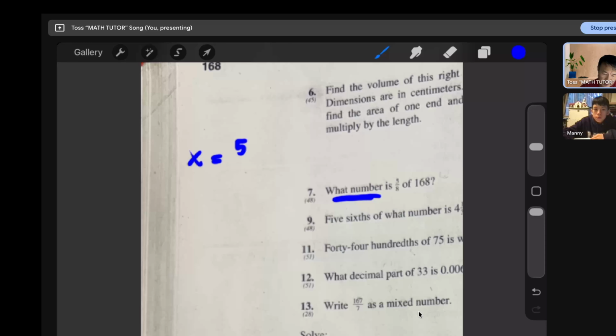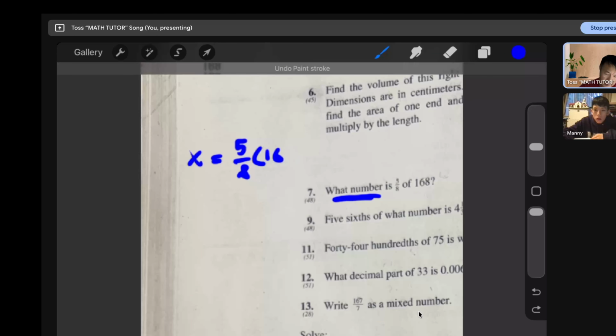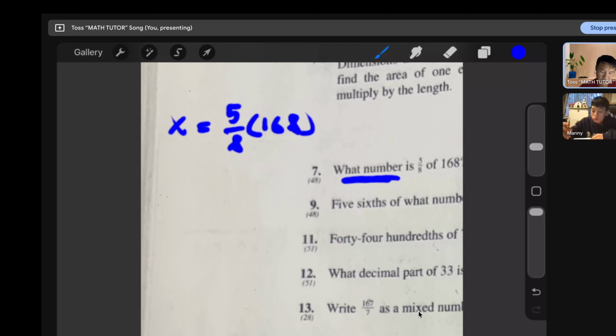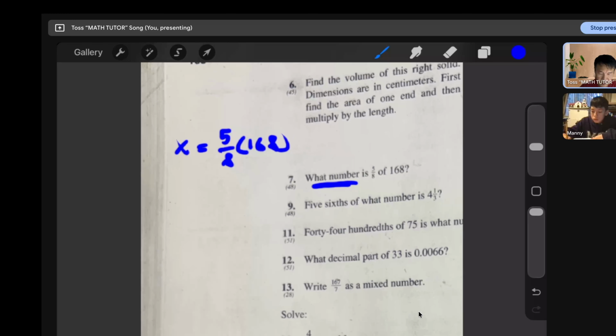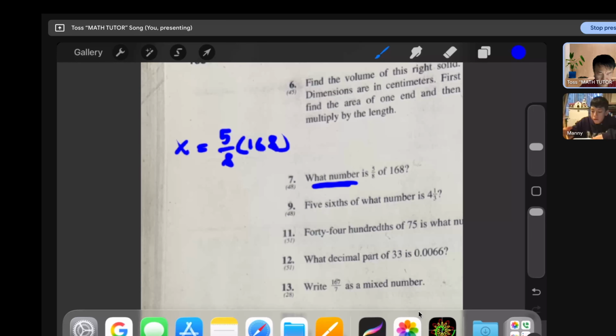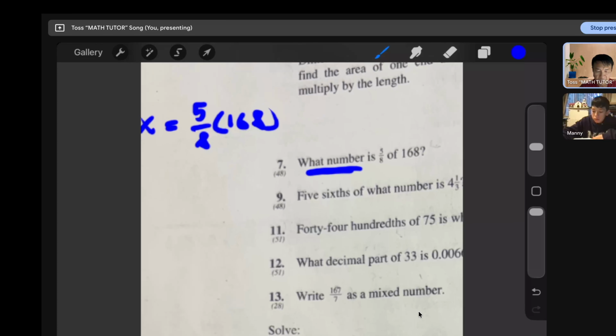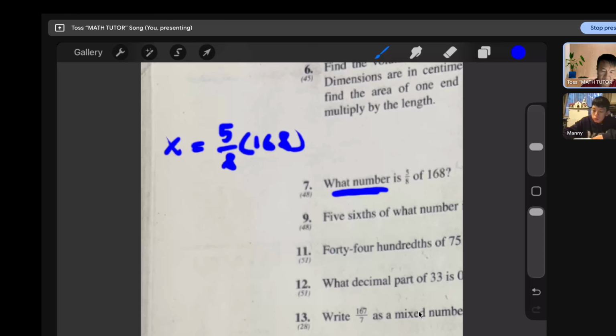This is exactly right. So x is what number? It's the number, okay, times. I recommend you write the parentheses like this, okay? You can do a dot, of course, but I recommend you get used to writing the parentheses to emphasize the multiplication.